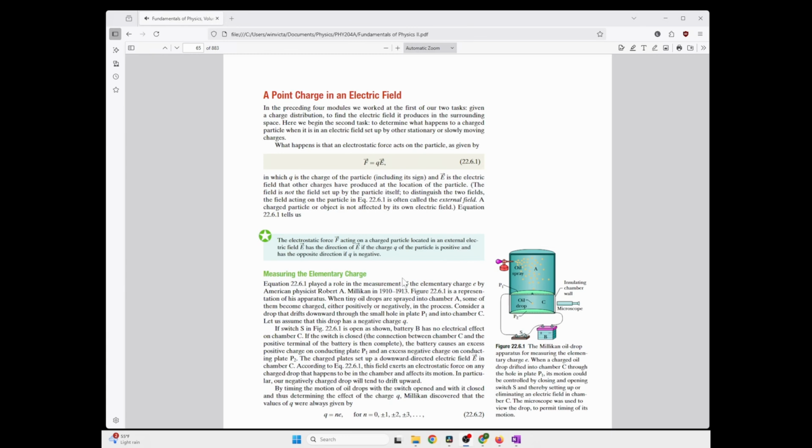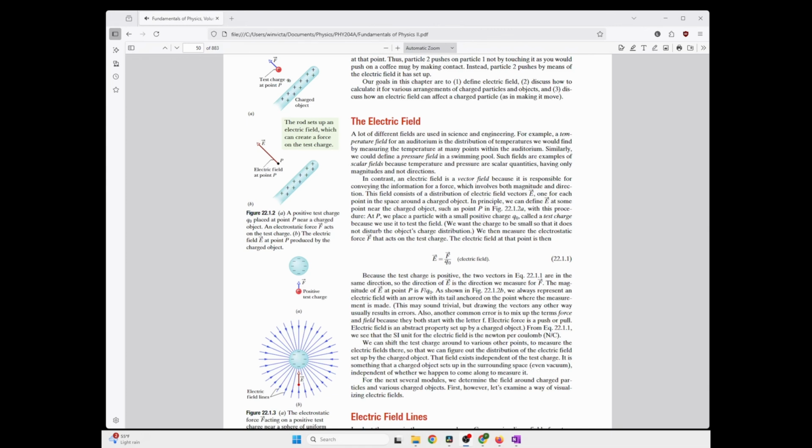The subtitle says a point charge in an electric field, and equation 22.6.1 is just the same as the definition of the electric field, which we saw earlier. On this page, in equation 22.1.1, the electric field is defined by the electric force divided by Q naught.